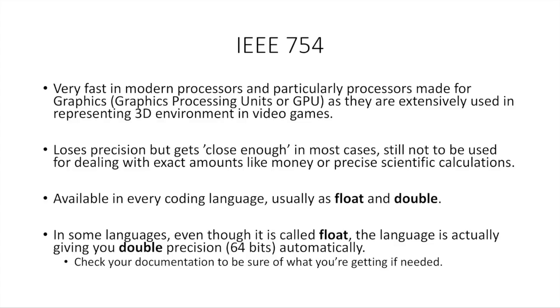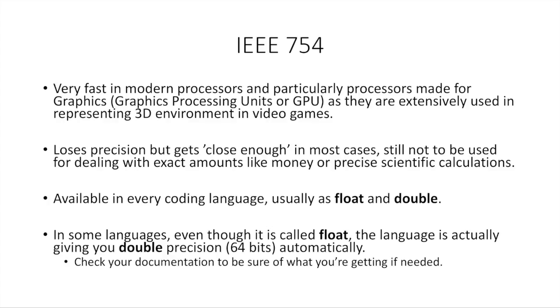Now, a little bit more stuff about this IEEE 754 floating point. These are very fast in modern processors, particularly processors made for graphics, because when you're trying to represent things in a 3D game, like a video game that looks like a real world in 3 dimensions, you're always representing every point in space, like on a wall or on a cube, or whatever environment they're representing. There are lots of little points. All those points, their coordinates, like where they are in space, are represented with floating point numbers.